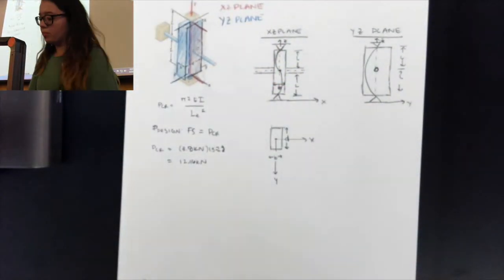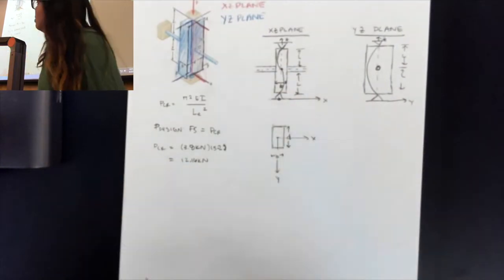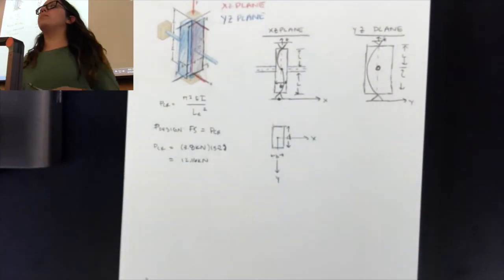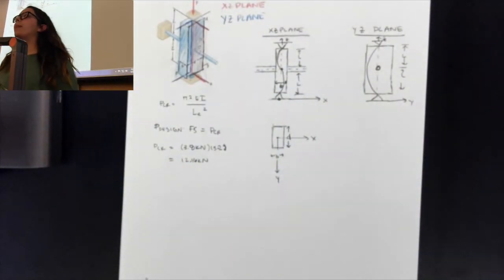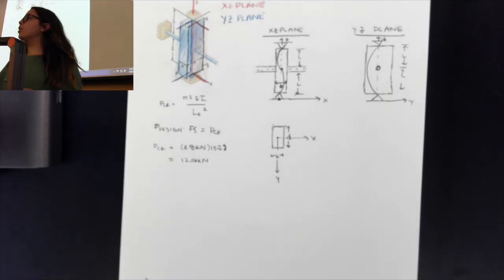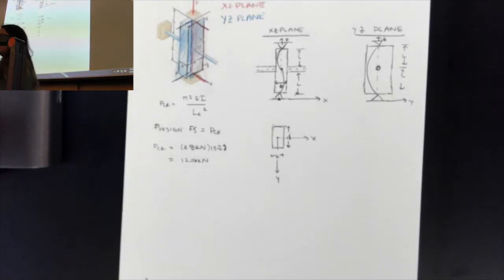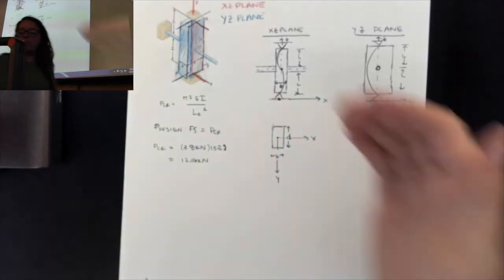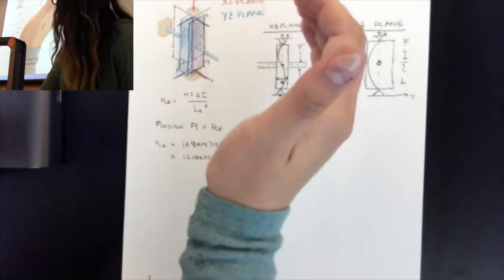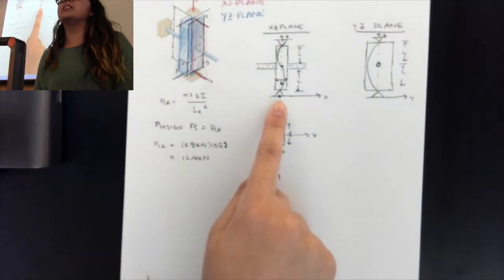Which axis is my beam rotating about? If you put your hand on your picture and follow the curve, where's your hand curving about? Y, right? If I follow this curve of my beam, it's curving this way, right? That's what we drew. Everybody can see that?